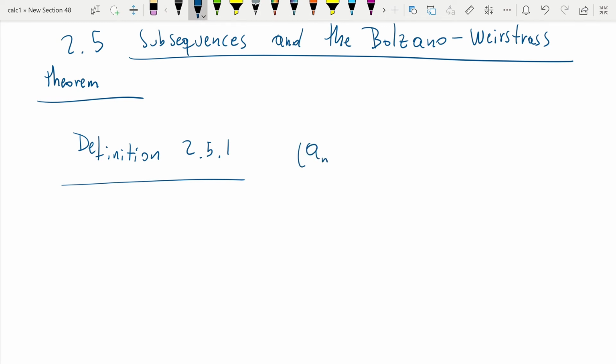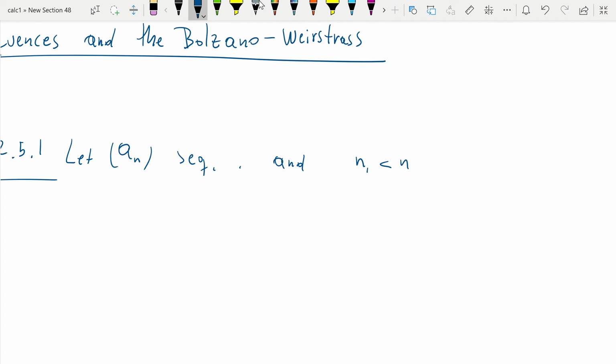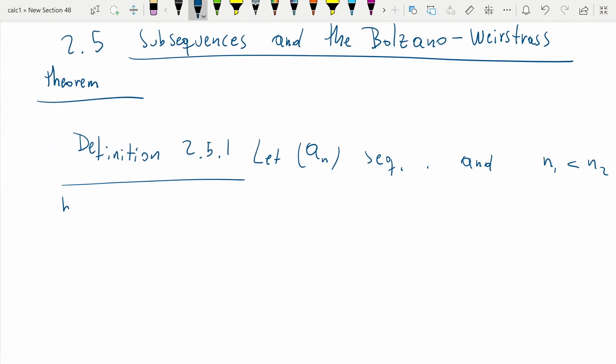It tells you that if an is a sequence, so let an be a sequence, and let n1, n2, n3, etc., be an increasing sequence of natural numbers.